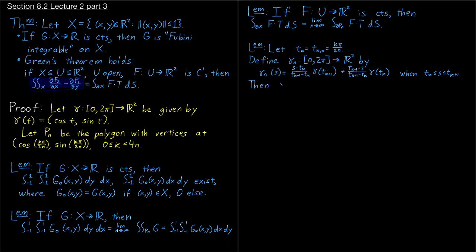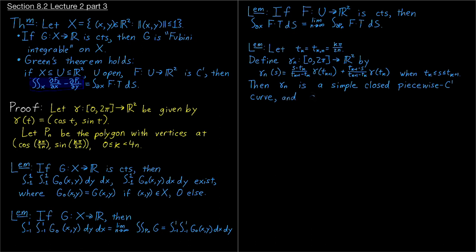And then the conclusion of this lemma is that gamma n is a simple closed piecewise C1 curve. You can reparameterize it to be actually C1 at a cost of your derivative has to be 0 at all the vertices.